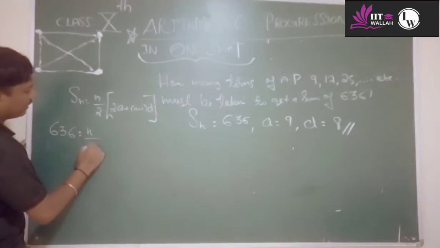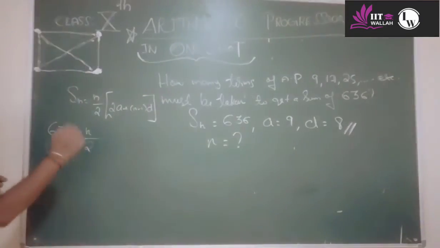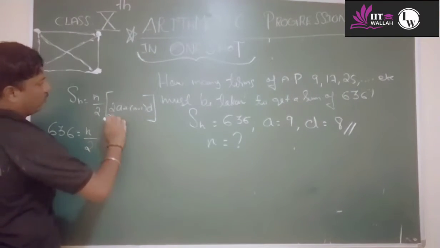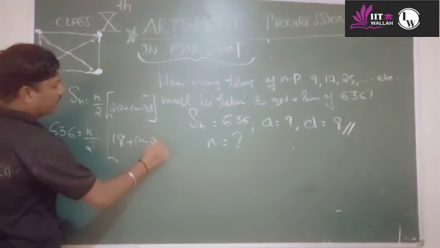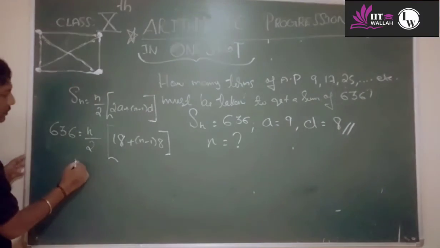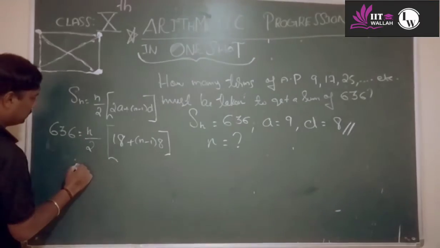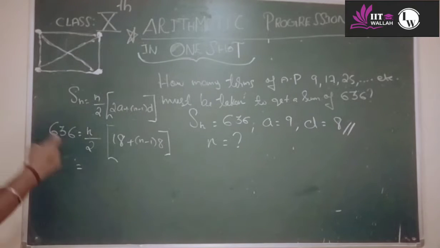That is what we need to find. We want to find n. n by 2 into 2a, 2 into 9, 18, plus n minus 1 into 8. Here also 2, here also 2, so if you multiply with 2, it will be cancelled. So you cross multiply.